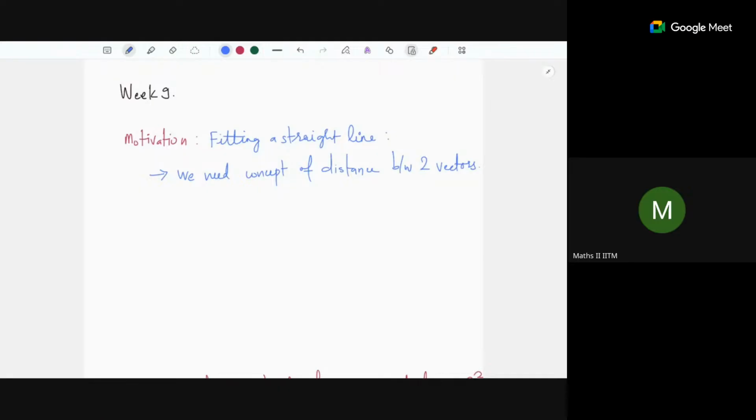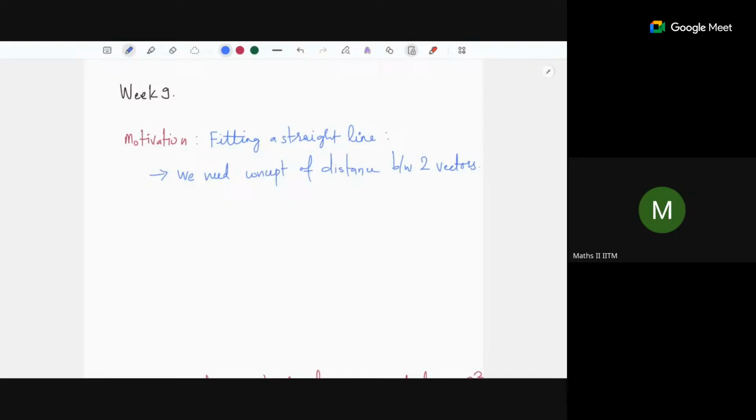So, in particular, we will study inner product spaces, distances between two vectors in vector spaces E2 or R2. Before we jump into that, let us first understand why we need distances.